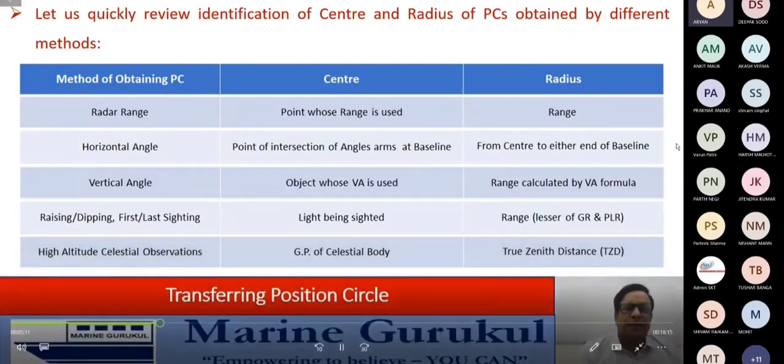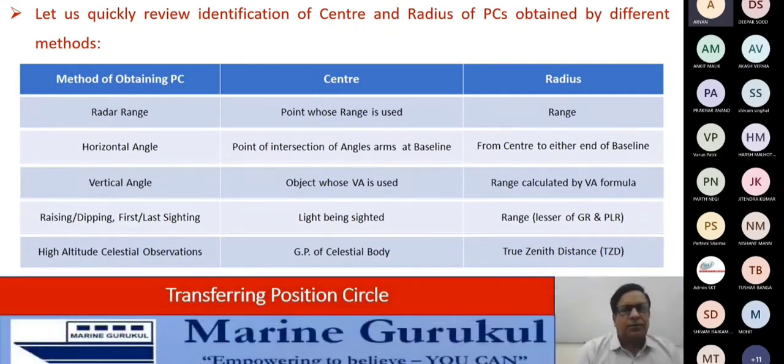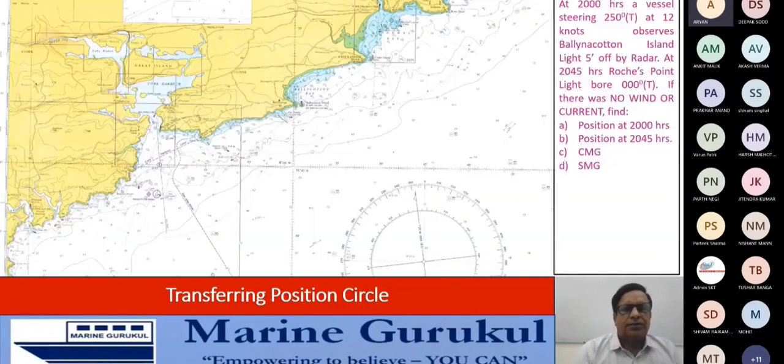As the center, and the true zenith distance expressed in minutes is the radius of the position circle. Now with this background to transferring of position circle, let us consider some examples in which we'll learn how to transfer the position circle.